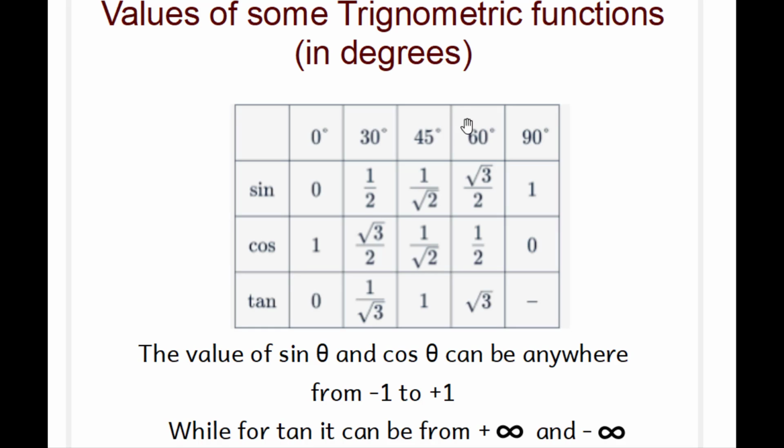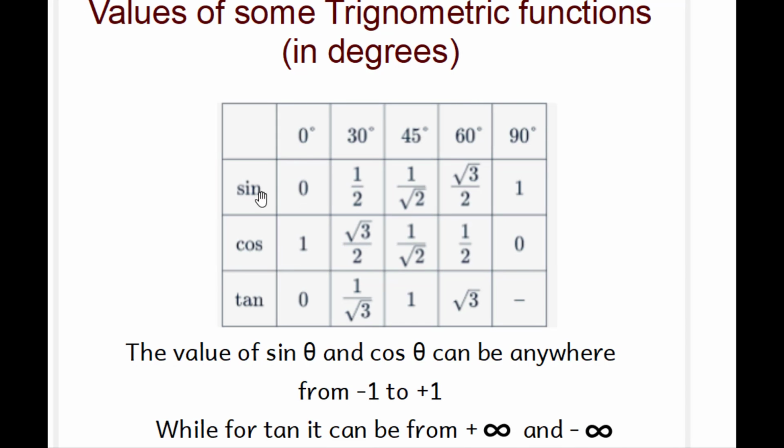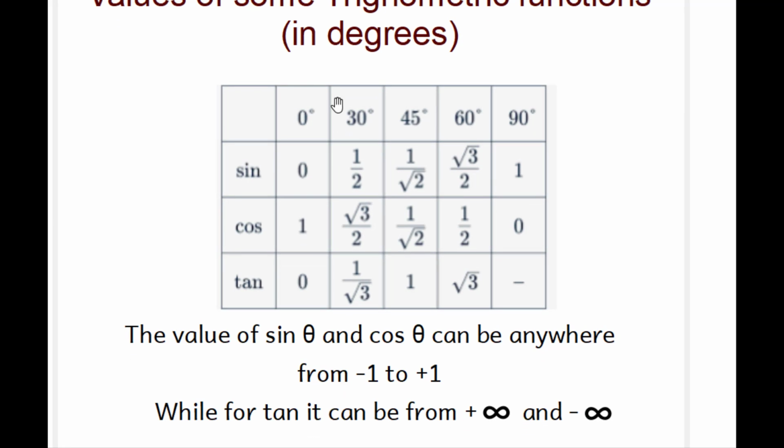Now here are some basic trigonometric functions with their values given. First we have just given some standard values: 0 degree, 30 degree, 45 degree, 60 degree and 90 degree. Of course we can also convert them into radians, but for simplicity we have taken them in terms of degrees.